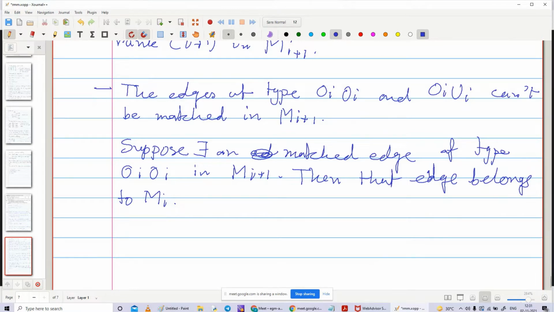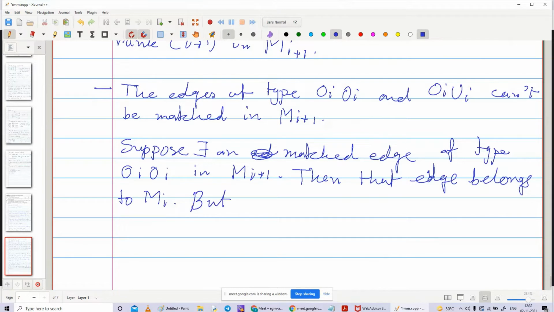So this edge, because when we computed Mi, we computed it in G prime i, so it is of rank i or less. Okay, so now that also belongs to Mi.